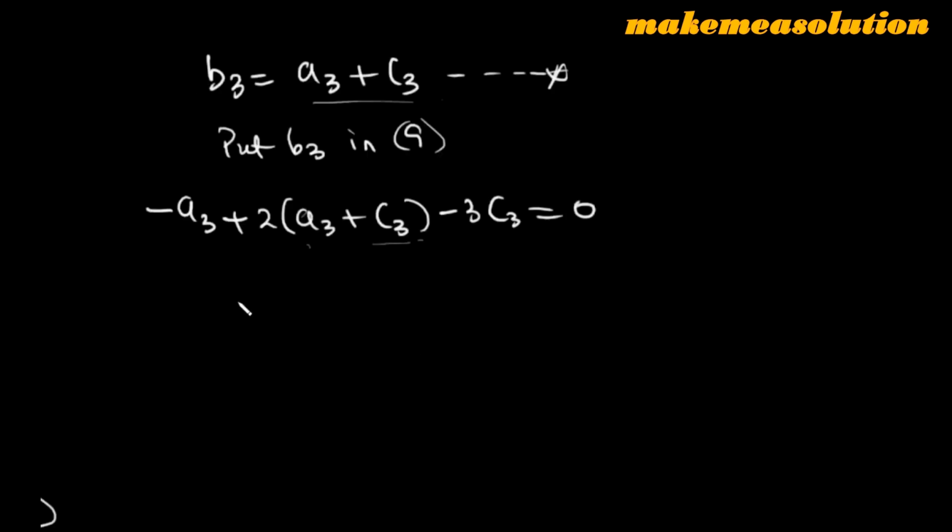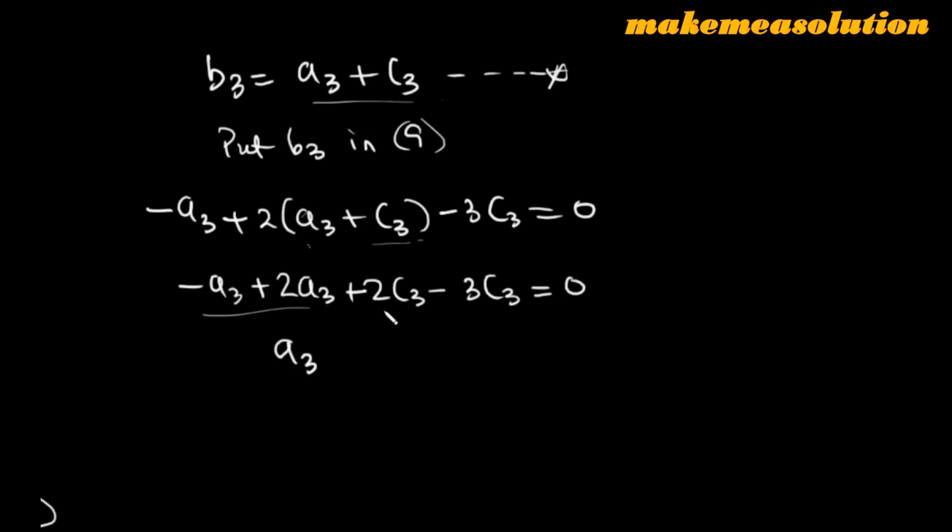When you solve, you're going to get minus A3 plus 2A3 plus 2C3 minus 3C3 is equal to 0. Minus A3 plus 2A3 is going to give you A3.